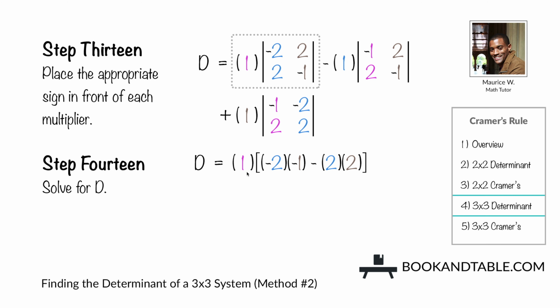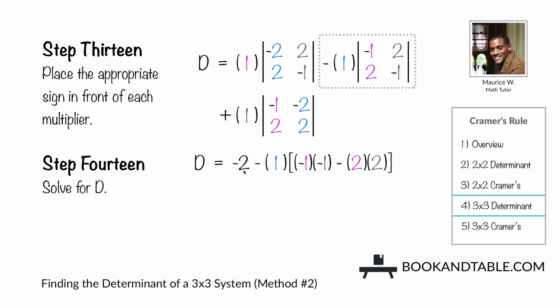And now we evaluate this expression. So starting inside, we have -2 times -1, which would be +2, minus 2 times 2, which would be 4. 2 minus 4 is -2. And 1 times -2 is -2. So our first 2x2 is equivalent to -2.